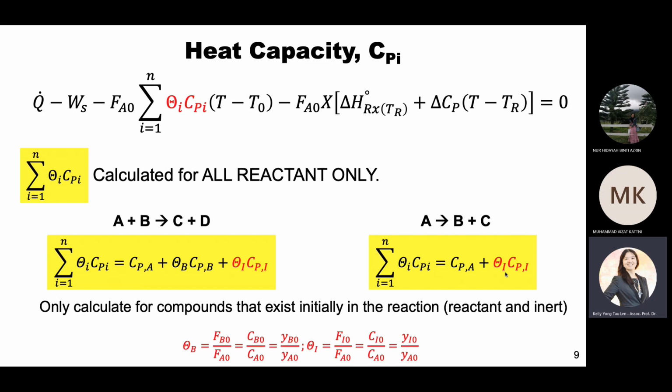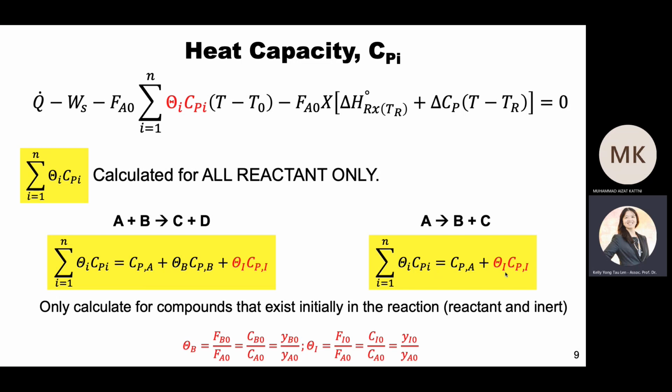Whenever yang tricky-nya part B lah, sebab certain reaction kita ada 2 reactant, certain reaction kita ada 1 reactant. So kamu kena faham bila masa kita kena consider B, bila masa kita tak payah consider B. Ataupun the simplest way untuk kamu ingat, kalau dia tak wujud asal, kalau in the beginning they don't have the initial value, mestilah kamu tak boleh kira theta B tu.